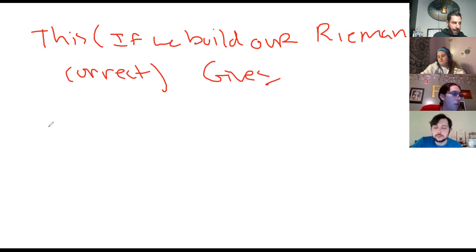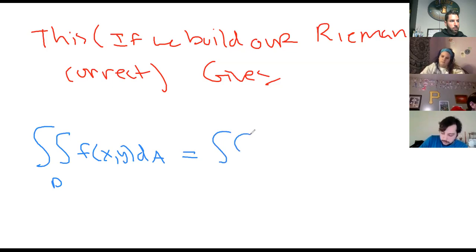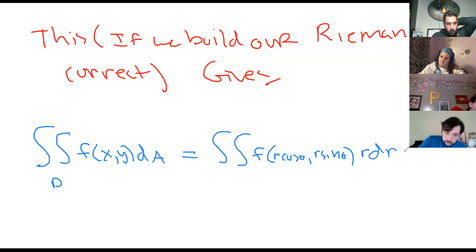It gives that the double integral that we were really worried about in the beginning can be rewritten as: we replace x and y with r and theta. x is r cosine theta, y is r sine of theta. And then instead of dx dy, we have r dr d theta. And now we are integrating over a different region, which I'll call capital R.